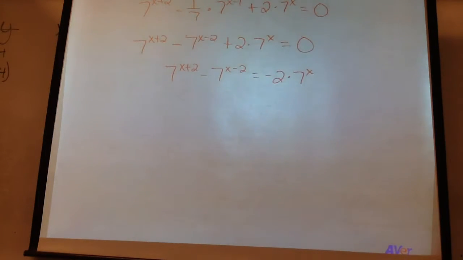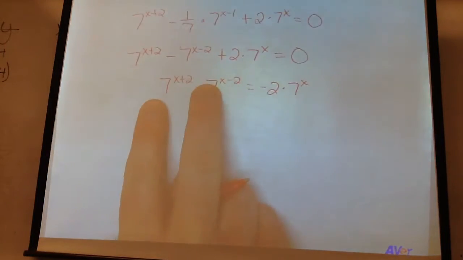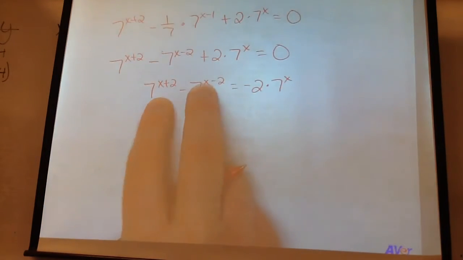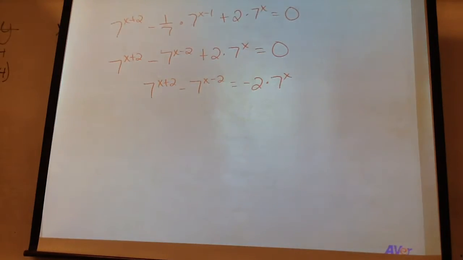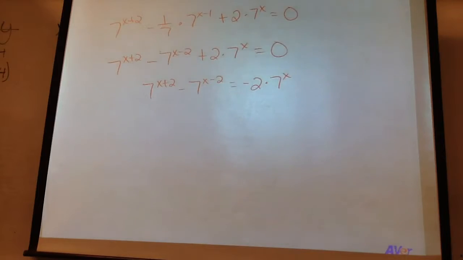You can't combine them because it's addition and subtraction. If it was multiplication, I could add my exponents. If it was division, I could subtract my exponents. But when it's subtraction and you have different exponents, that's like saying x squared plus x equals something. No, you just leave it. You can't do anything with that. They have different exponents. I just had an idea though.